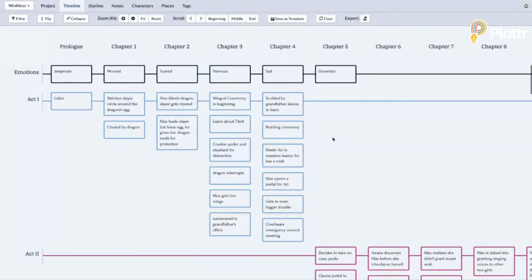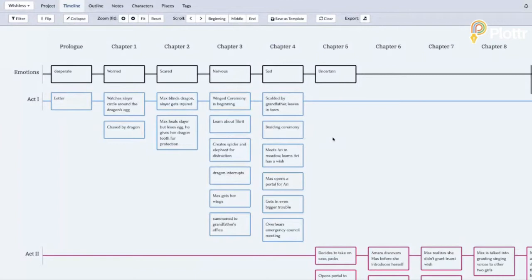So I just went back and put in some of the emotions for each chapter to see the progression. And then I went through act 1, what happened, the prologue, the chapters, and just put in the different scenes based on the acts, and went through it that way.